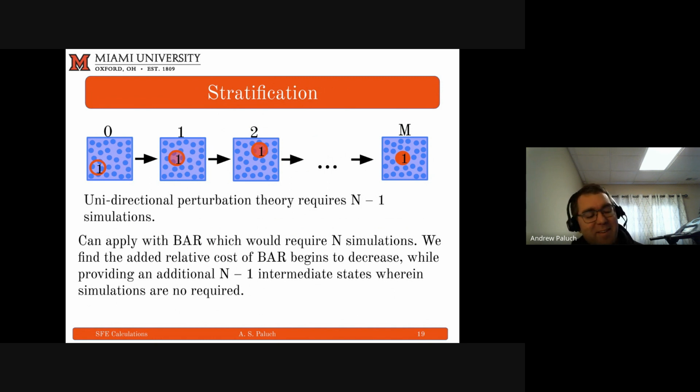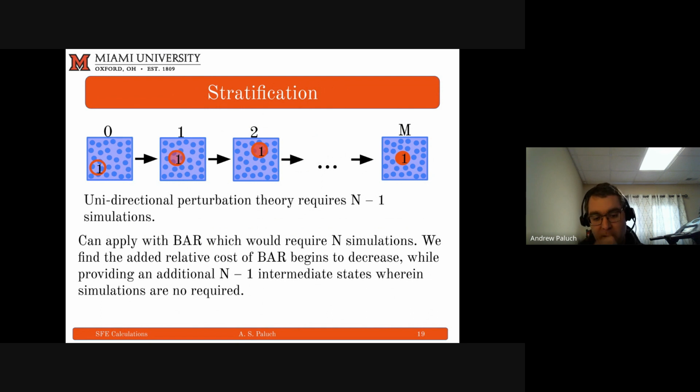In terms of how we typically set these up, the standard convention is that if I'm going from non-interacting to interacting, the first thing I'm going to do is turn on my Lennard-Jones interactions. Essentially the first goal is to carve out my solvent cavity. We carve out our solvent cavity by turning on our Lennard-Jones or dispersion interactions.